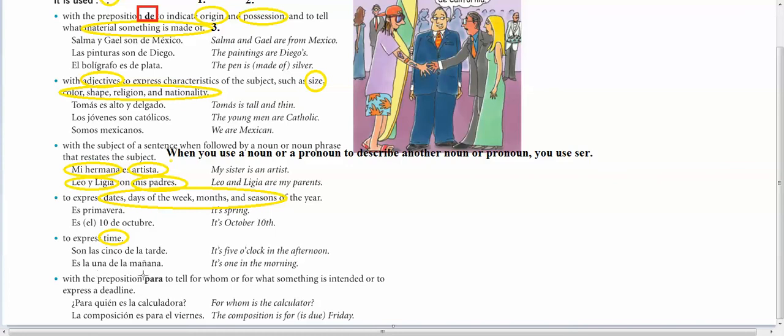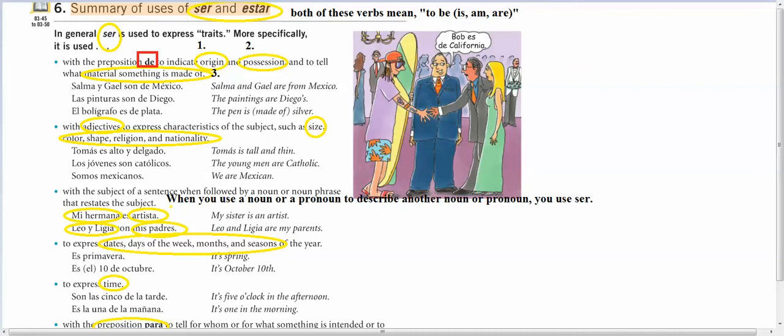And with the preposition para, so if you see para, you're going to use ser, and that tells for whom or for what something is intended, or to express a deadline. Para quién es la calculadora, for whom is the calculator. La composición es para el viernes. So it goes with para, it goes with dates, days of the week. So maybe we can put little numbers in here.